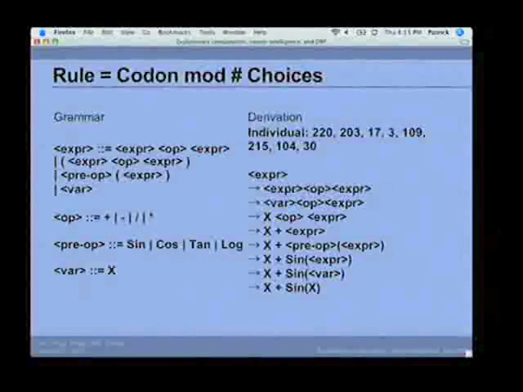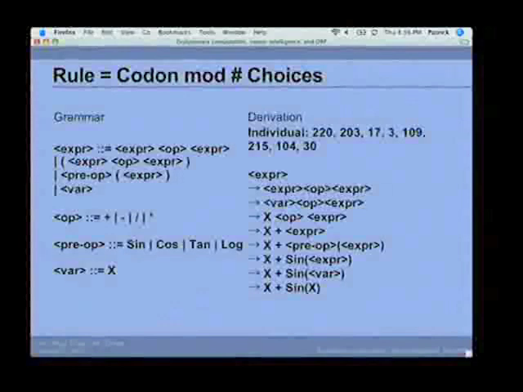Say you start at the beginning, this expr thing, and you have to choose which of those 4 rules to expand out to. So you have 4 choices, and the particular integer you start with is that one.